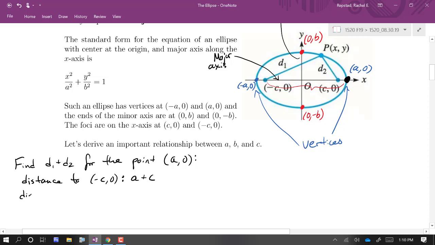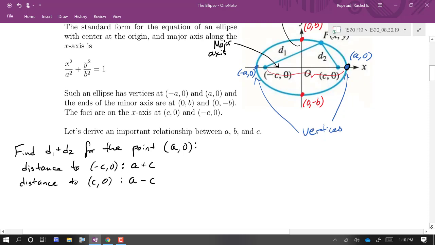And the distance to (c, 0), again, right minus left, is a minus c. And so if we add these up, we get 2a. What makes something a point on the ellipse is that the sum of the distances never changes. So I know that regardless of any point that I pick, the sum of the distances is going to be equal to 2a.